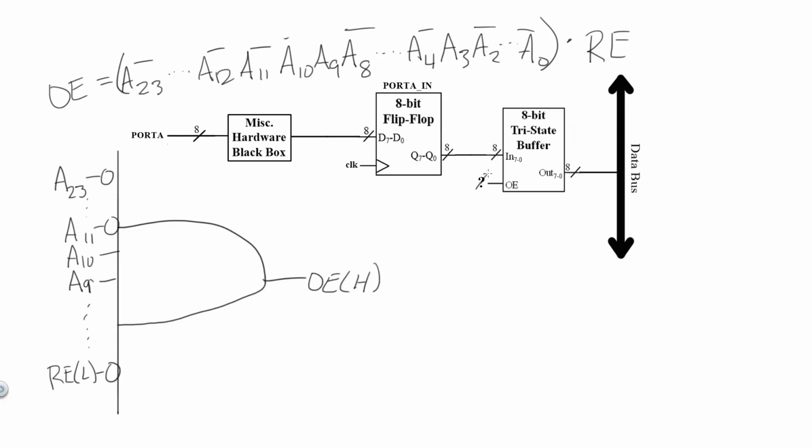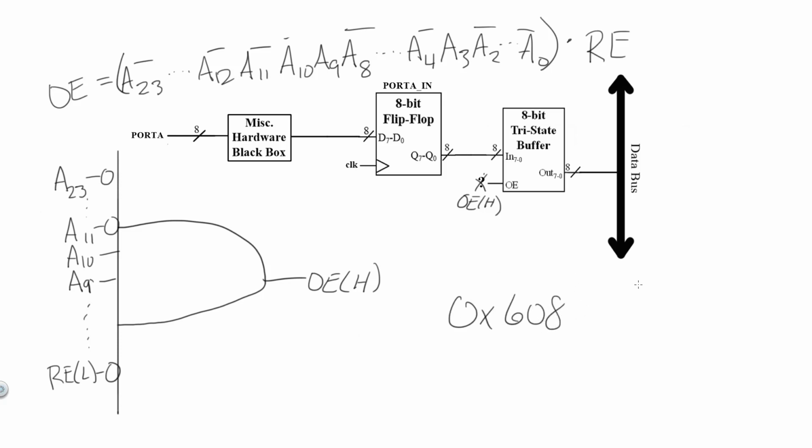So now we can replace this question mark with output enable high, and we have now ensured that port A in will only be connected to the data bus when this specific combination of addresses, or hex 608, is being loaded by the processor.